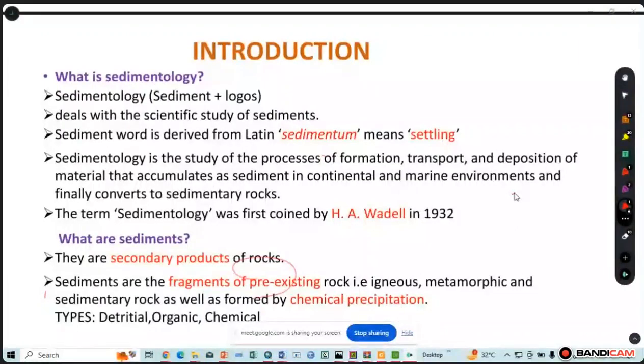When they find a suitable condition, they get deposited and are then converted into sedimentary rock. The sediments are fragments of igneous, metamorphic, and sedimentary rock, and they are also formed by chemical precipitation. The types of sedimentary rock are detrital, organic, and chemical.